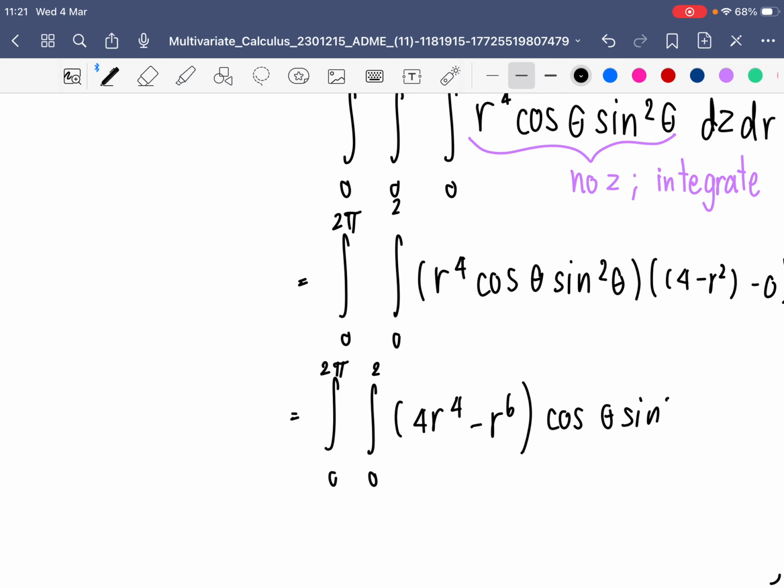I multiply the r to the 4th with this. So the r terms, what I have here is 4r to the 4th minus r to the 6th. Then we have dr d theta.